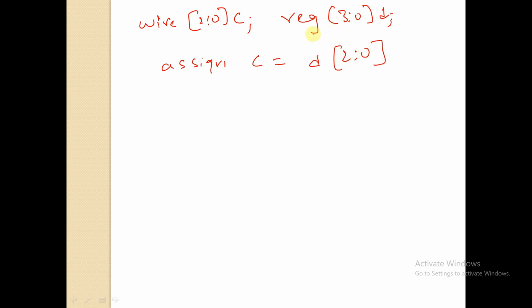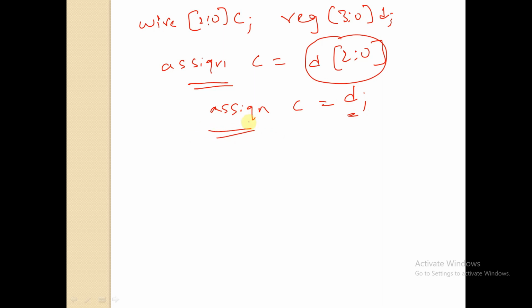If I want to store the value from 2 down to 0 into C, then like this I can store it, or I can simply write assign C is equal to D. Then D will be truncated. So this is how we will store the values in these continuous assignment statements.